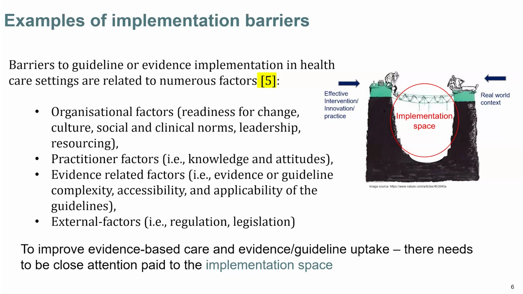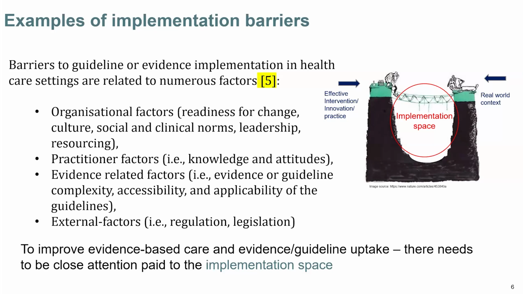So we know, though, that there's a range of factors, like organisational factors, like I've mentioned on this slide here, which can be around the readiness of an organisation to change, existing cultural and social norms, what type of leadership there is in the organisation, and obviously resourcing as well. There's also practitioner factors, which comes down to, for example, knowledge and attitudes of practitioners themselves around a particular type of innovation or evidence-based practice.